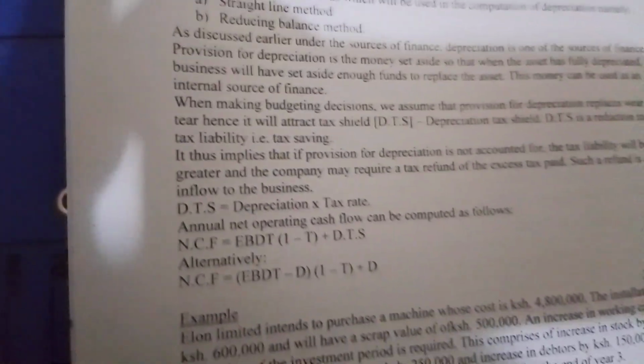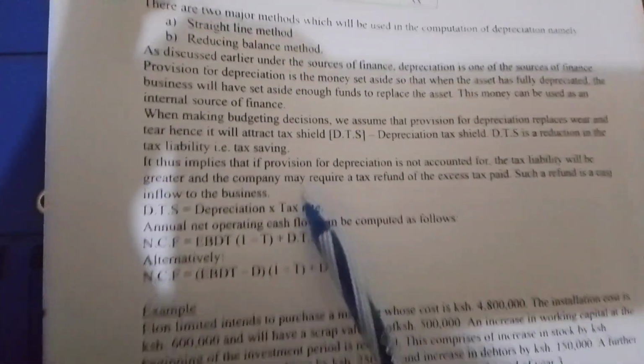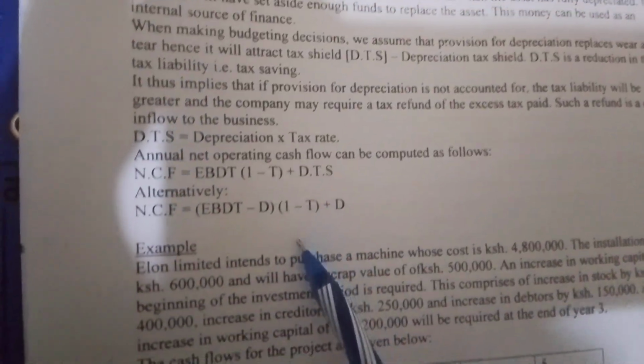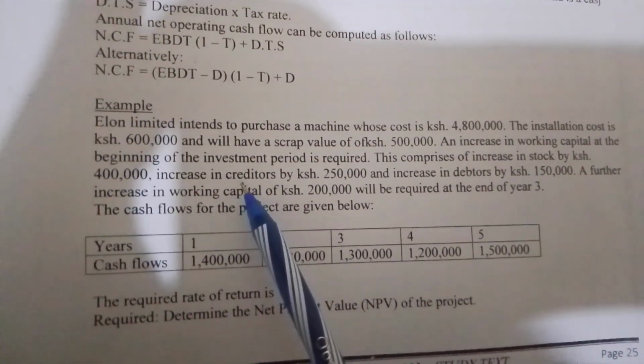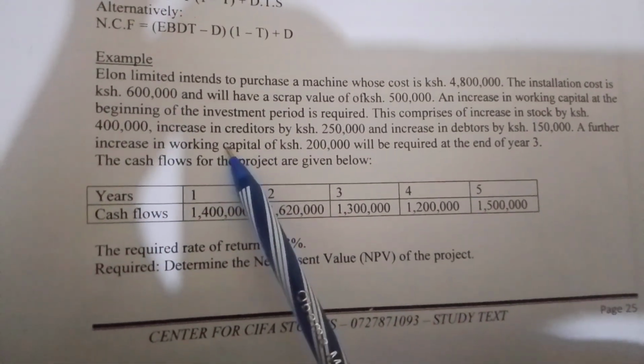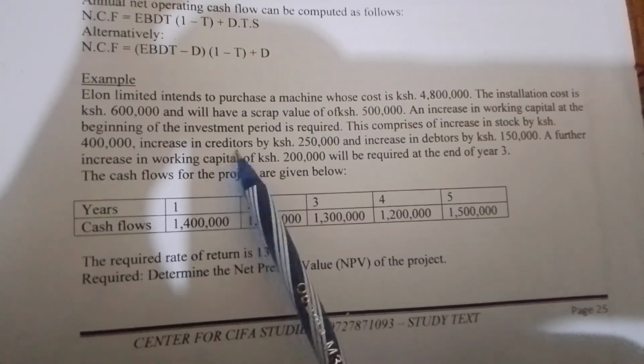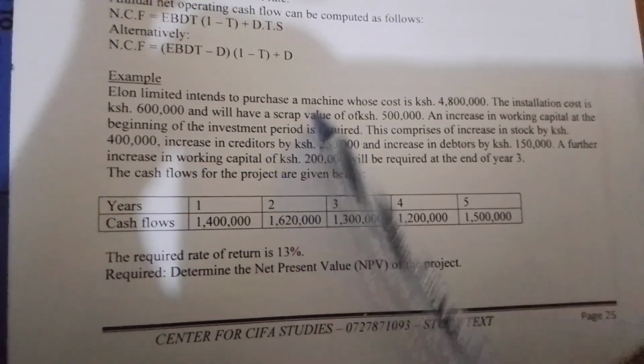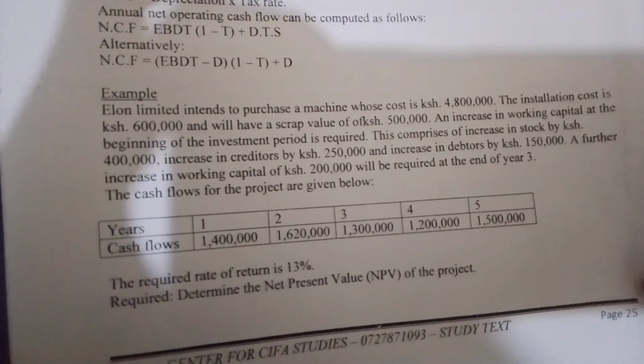Then we have explained what we are saying here. And in our example, we have given a very good example here, which starts there, and it has given us a negative net present value.